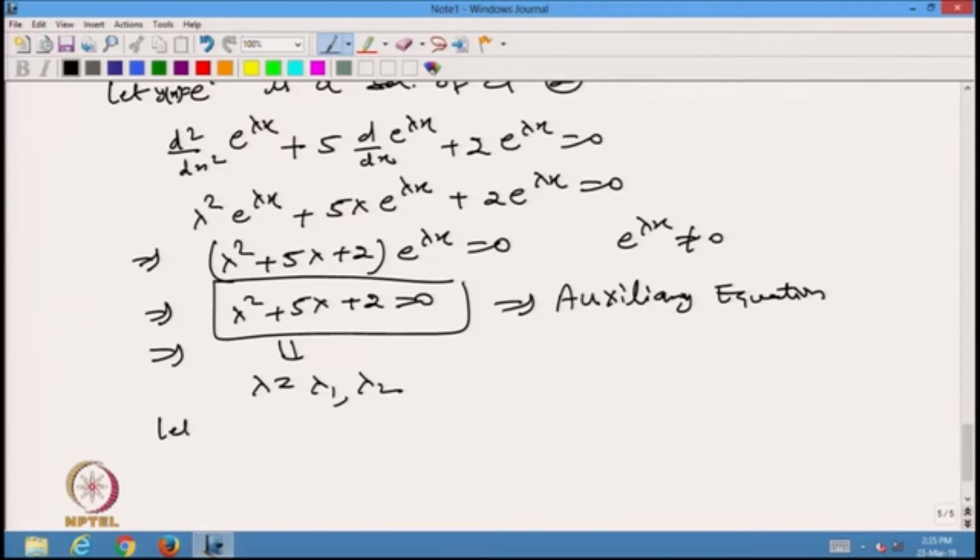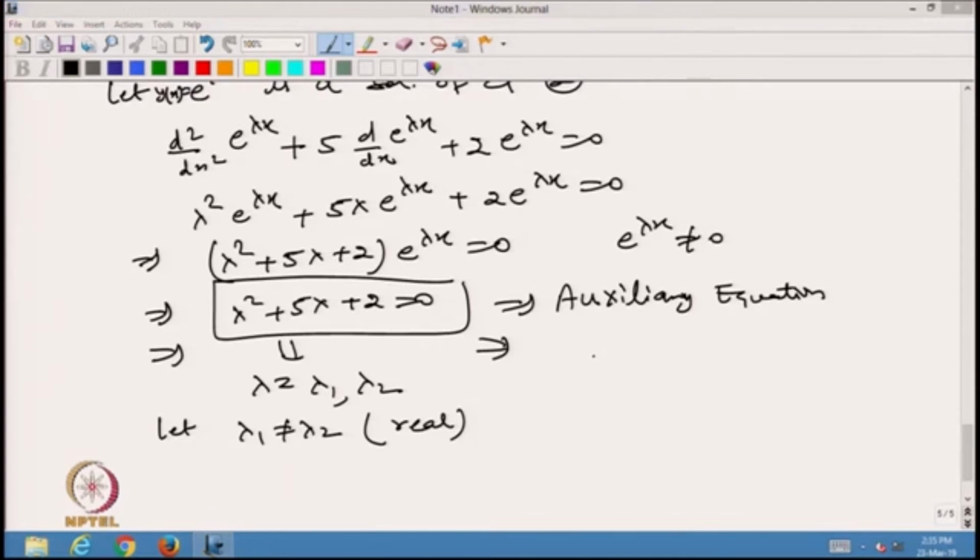Let me assume that lambda 1 is not equal to lambda 2, and they are real, because we can solve this very easily.